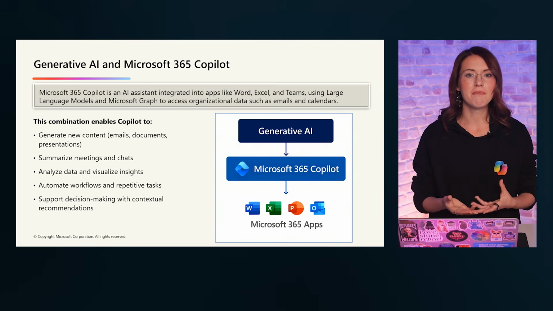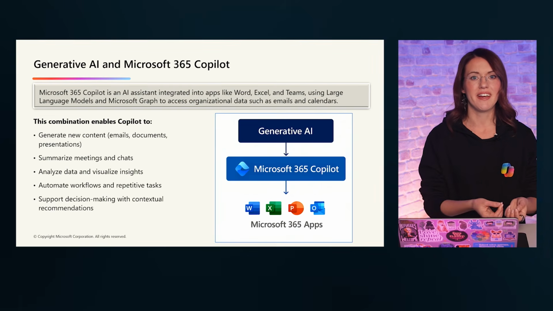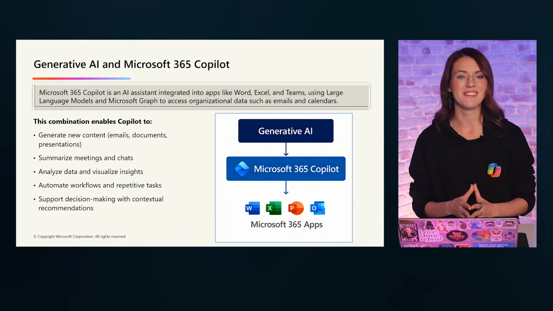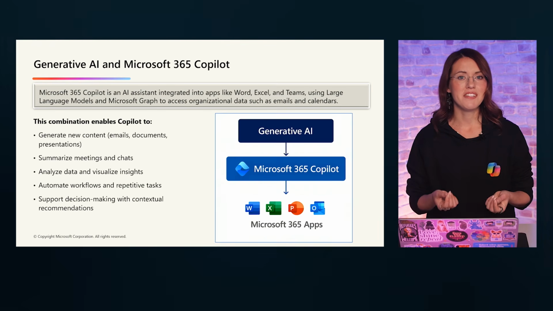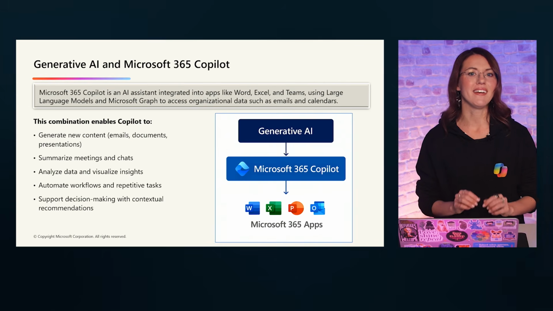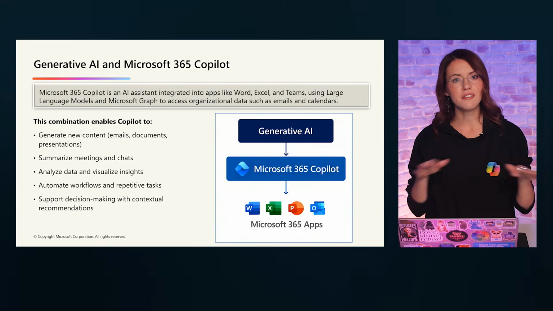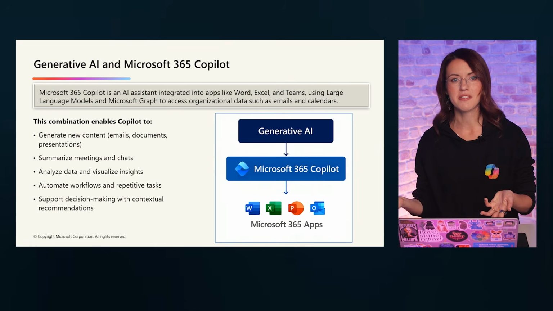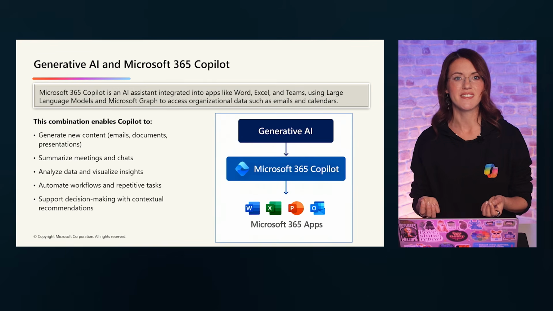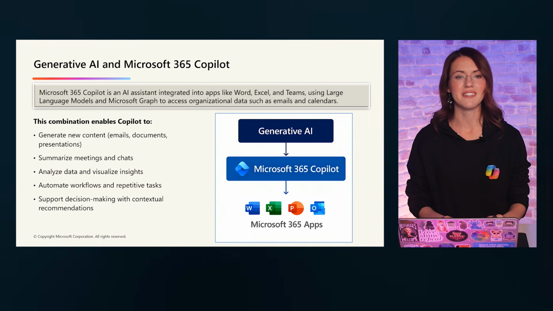And it can support better decisions by giving contextual, relevant recommendations right when you need them. The magic part? Copilot does all of this directly in your flow of work. No switching tools, no starting from scratch, just personalized, context-aware AI assistance exactly where you're already working.